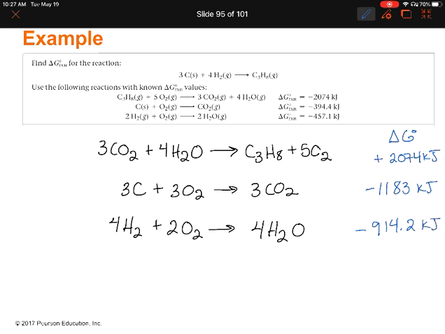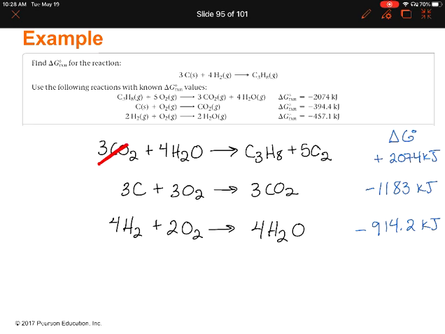All right, now let's just double check that we do end up with the overall reaction that we were trying to achieve. So what we're going to do now is cancel anything that appears in both the reactants and the products. So looking at our reactants and products, I do see 3 CO2 on the left and 3 CO2 on the right.